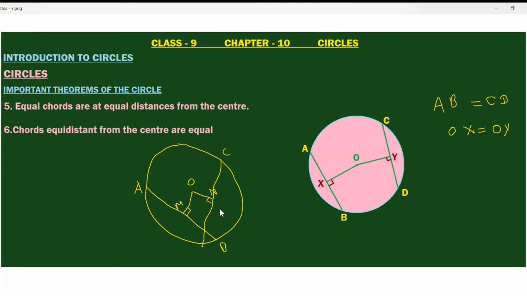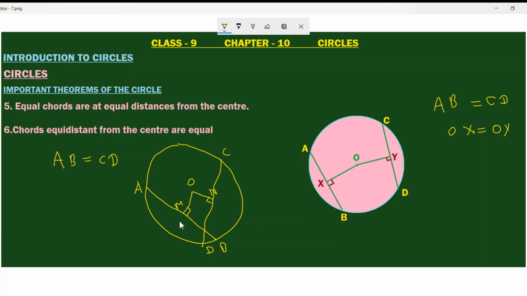We will name this as CD. Now we need to measure the chords drawn perpendicular to OM and ON. We need to measure AB and CD. If we measure, both should be equal. You can take some other length as well.